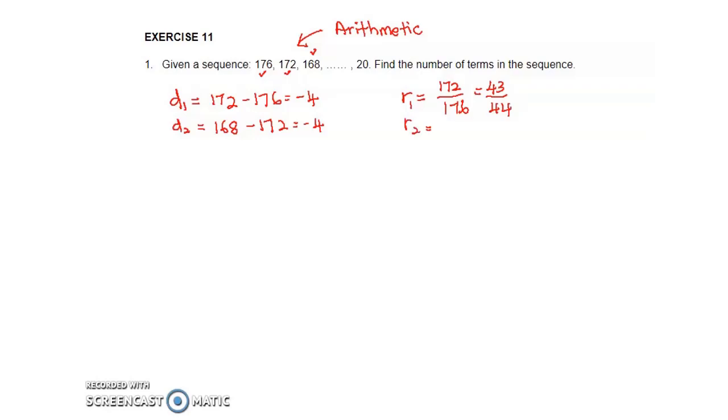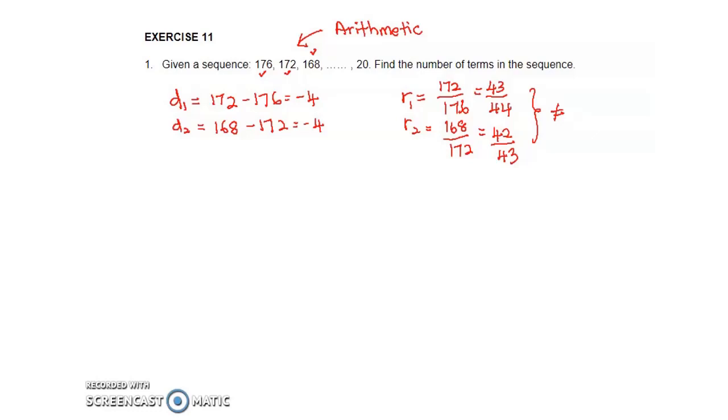Try another value, T3 over T2: 168 divided by 172, which equals 42/43. So you notice here that the value R is not the same. Remember, for common ratio and common difference, the value must be the same throughout the sequence. So this is not a geometric sequence but an arithmetic sequence with common difference equal to -4.